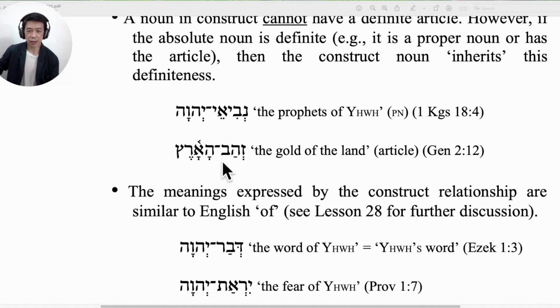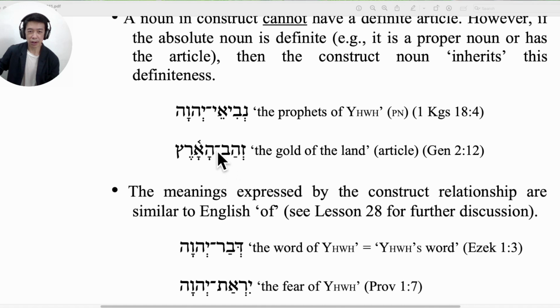In the second phrase, "the gold of the land" from Genesis 2:12, zahav ha'aretz, because there's a definite article ha here, the whole construct chain becomes definite. So in English it becomes "the gold of the land."